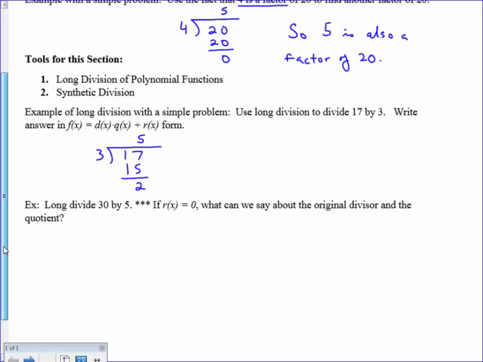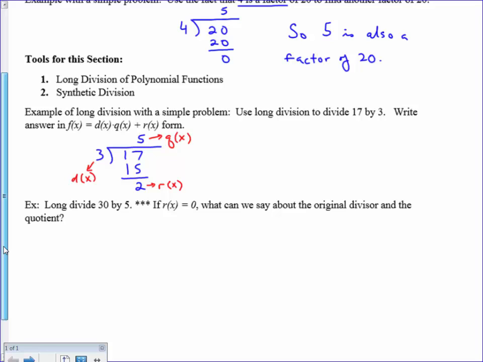Remember from a very long time ago, we call the number that we're dividing by the divisor. In this case, we'll say d of x. The value that we get on the top is called the quotient. We will call that q of x. And then the value you get on the bottom is your remainder.